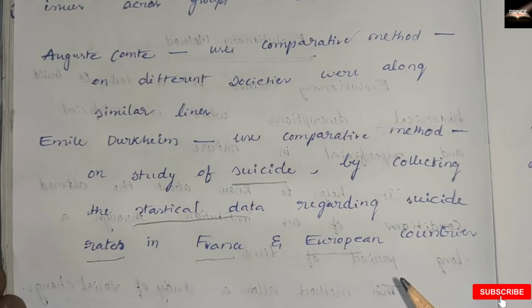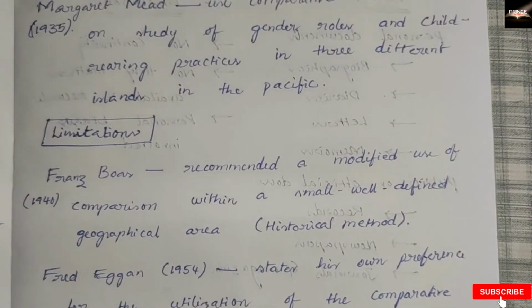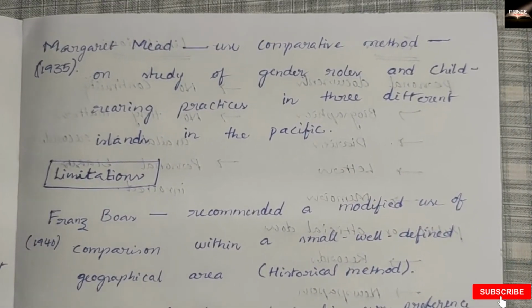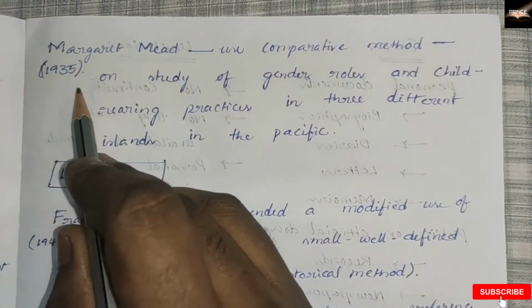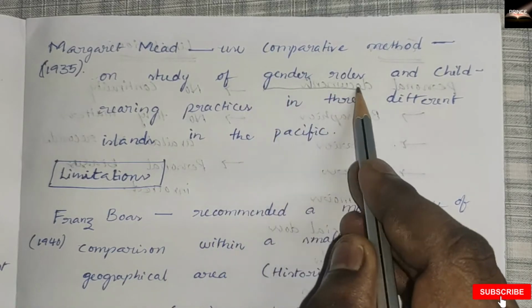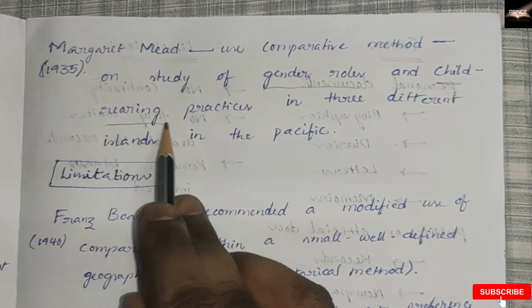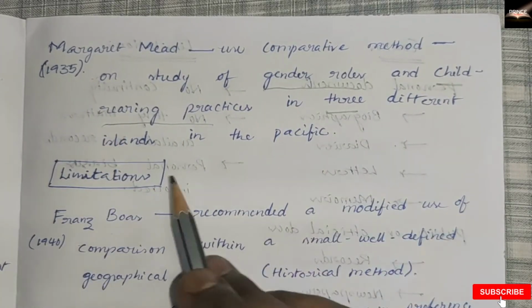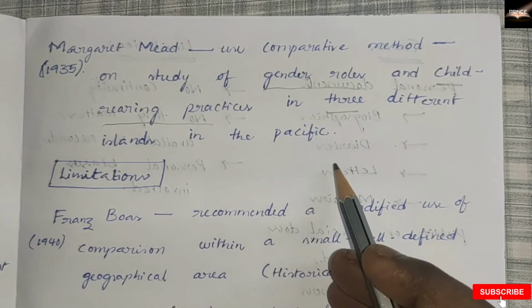He compared those two sets of statistical data from France and European countries, and by that he could analyze using the comparative method. Next, Margaret Mead, 1935, used the comparative method in the study of gender roles and child rearing practices in three different islands in the Pacific Ocean.